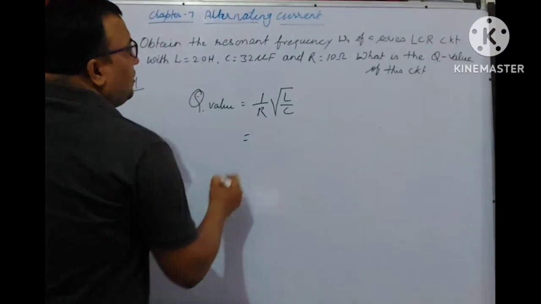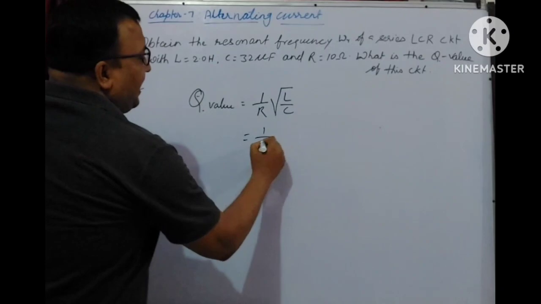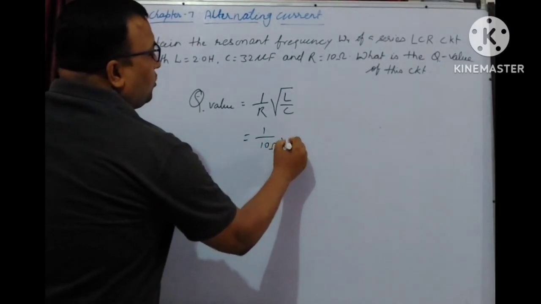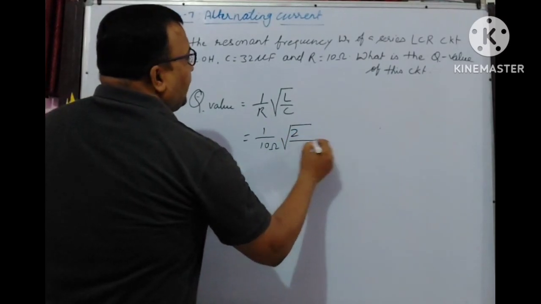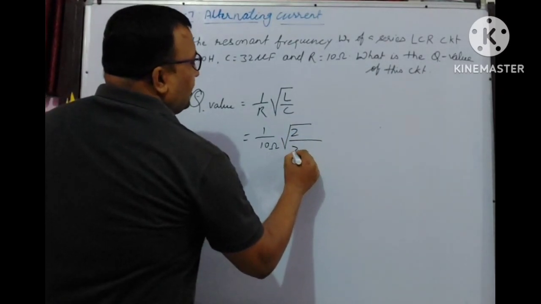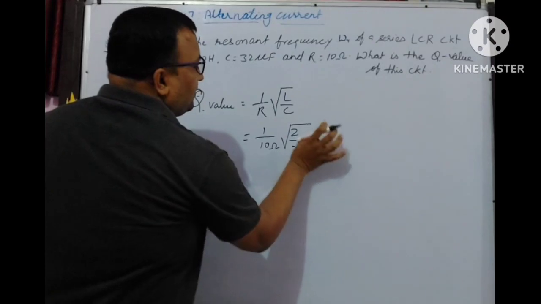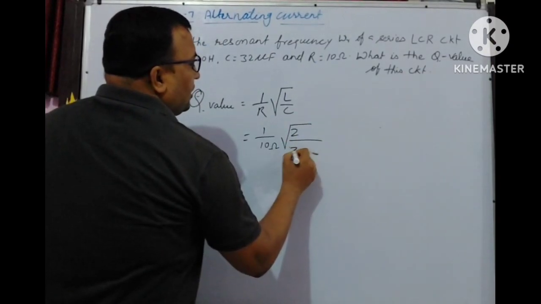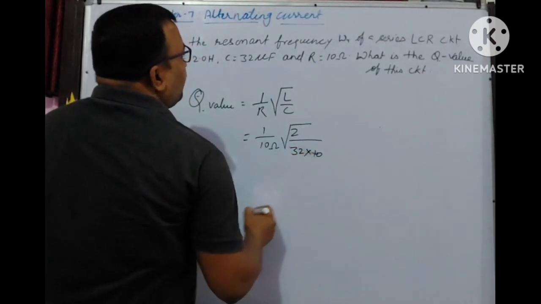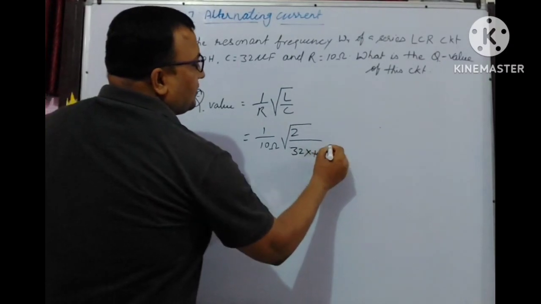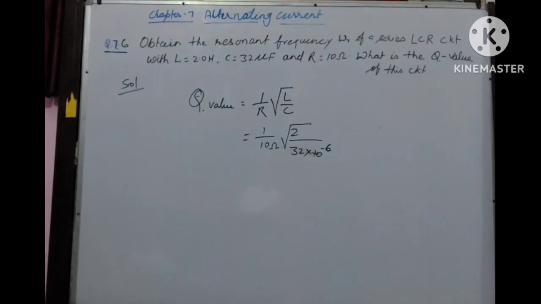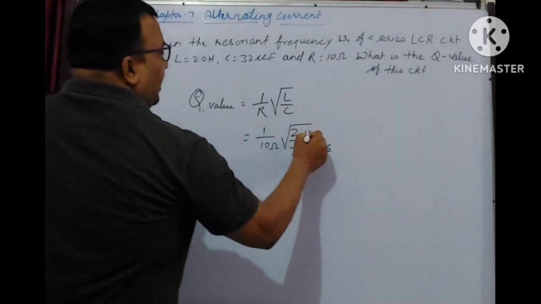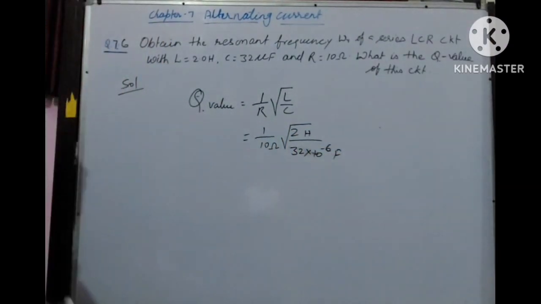You put the values. The value of R is 1 by 10 ohm. Root under, the value of L is 2, and the value of C is 32 into 10 to the power minus 6. This one is the Henry and this one is the Farad.